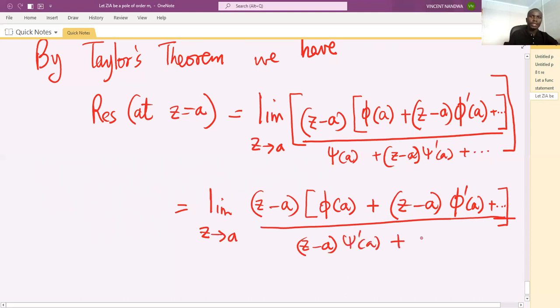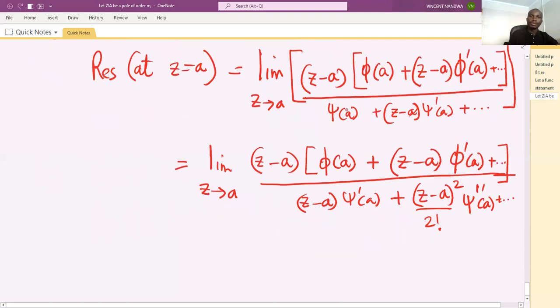Then we can even write the second term in the Taylor's expansion over 2 factorial, second derivative at a, and then plus other terms. We neglect psi at a because we have been told that the value of the denominator function at a is 0.